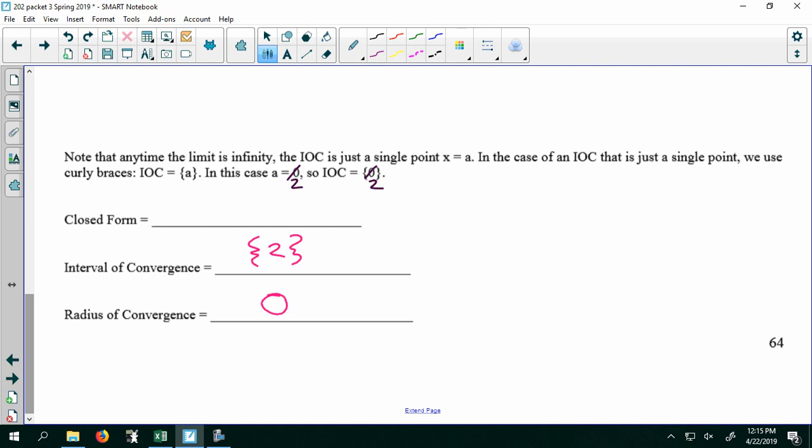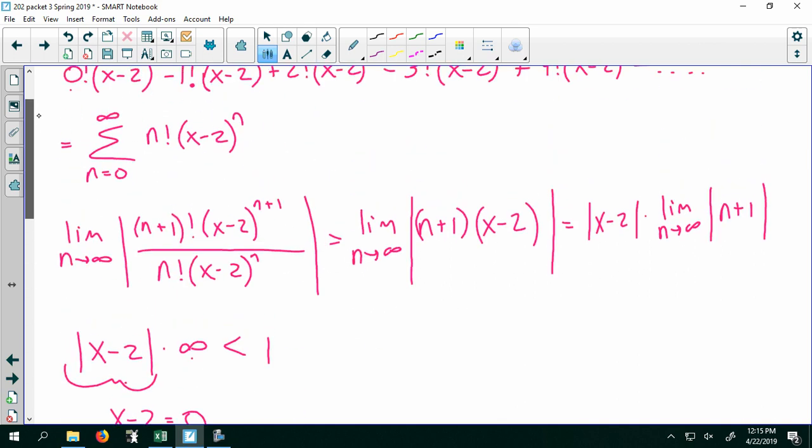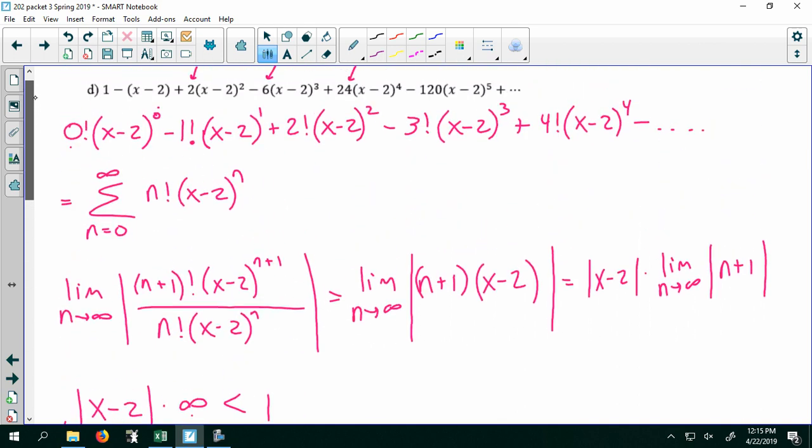And then I'll rewrite the closed form here. It was the sum from n equals 0 to infinity of n factorial times x to the n. Oh, and it had an alternating sign. Right. To make the signs alternate, I need -1 to the n.